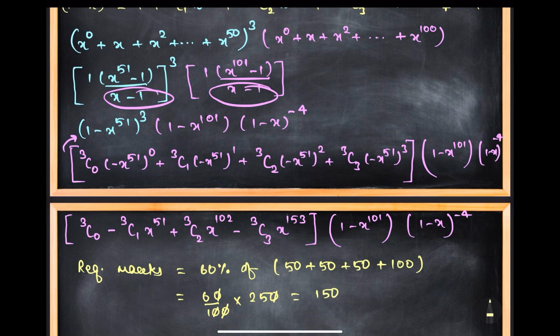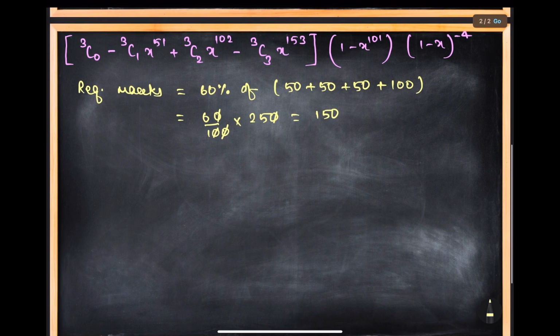Okay, so we have to find the coefficient of x power 150. So now I'll be multiplying this with this, and if I get x having power more than 150, I will neglect it.